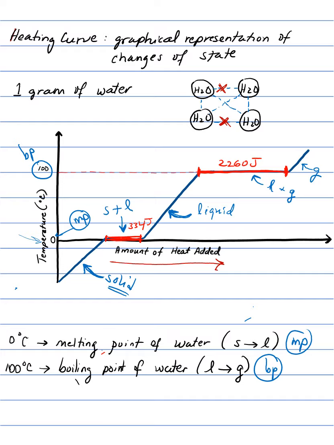So 334 joules represents an amount of energy to break some of the attractions. 2260 joules of energy represents an amount of energy that is required to break all of the attractions between the water molecules.